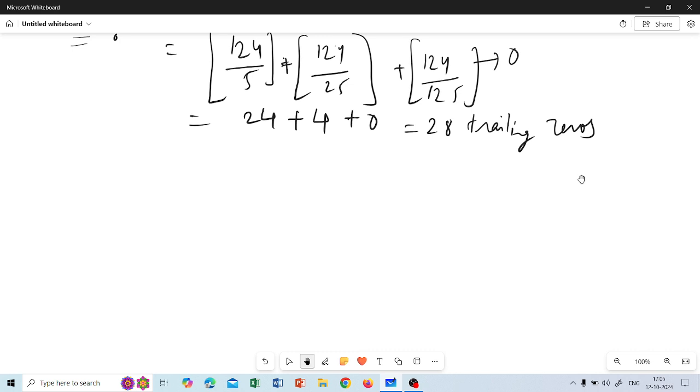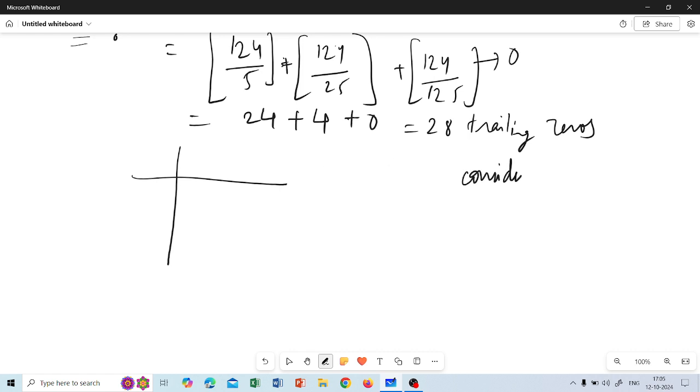There's one more method, by long division. It's like a simple division, but we use the division and consider only the quotient.